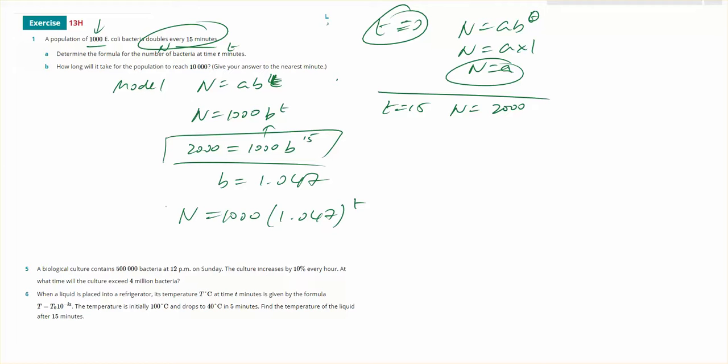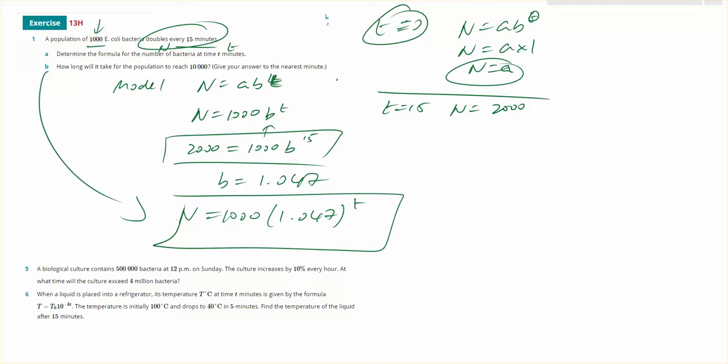I can use it to determine part B, which is asking me how long it would take for the population to reach 10,000. So we want the population to reach 10,000, but we want to know what time that occurs.